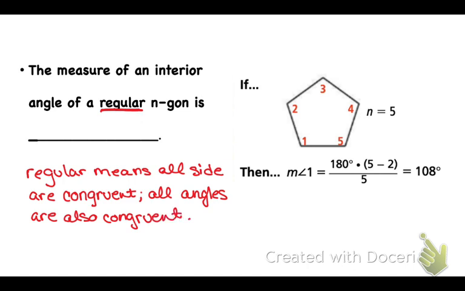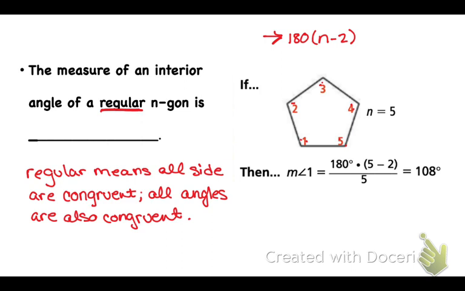Okay, so let's think about it. When I figure out the angle for all of them that they add up, right? I take 180 times n minus 2, correct? But if these are all equal, this would be the total sum, right? And I want to know 1, so what would I do in math?